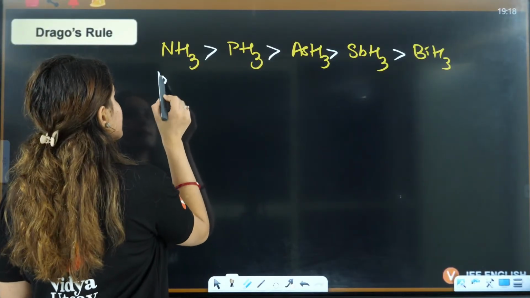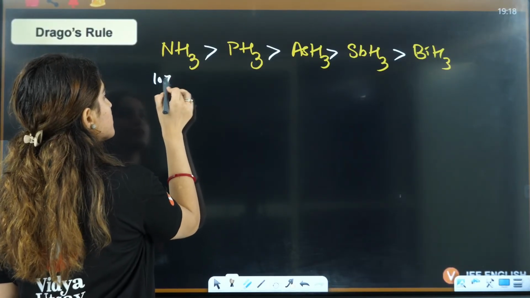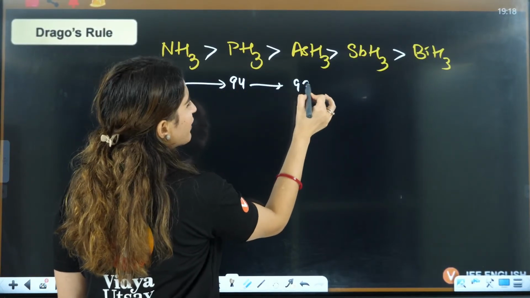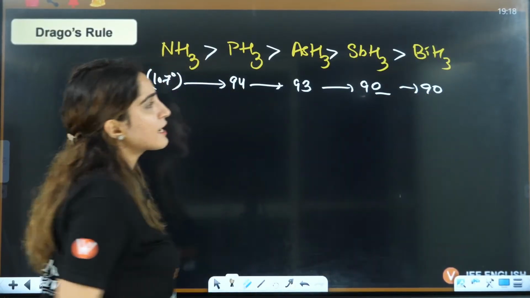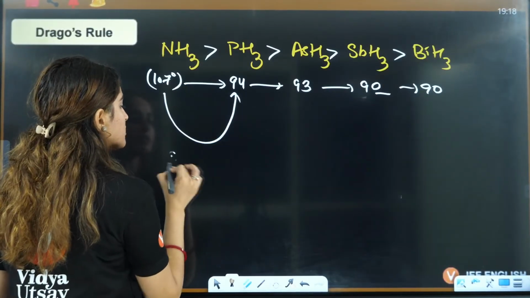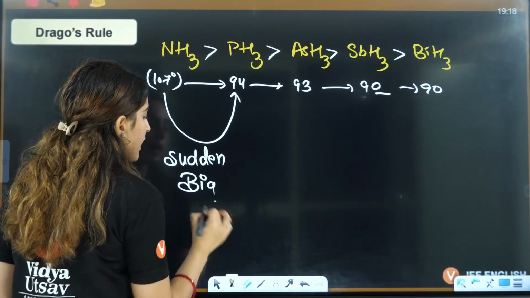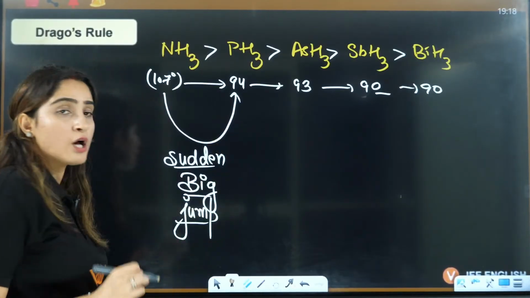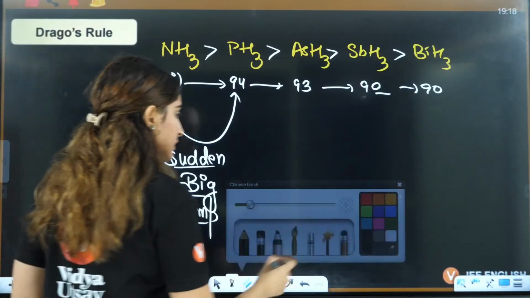Here it is 107 degrees for NH3, and suddenly it jumps to 94 for PH3, then 93 or 92, which is also on the line of 90 only. So from NH3 to PH3 there is a very sudden big jump.